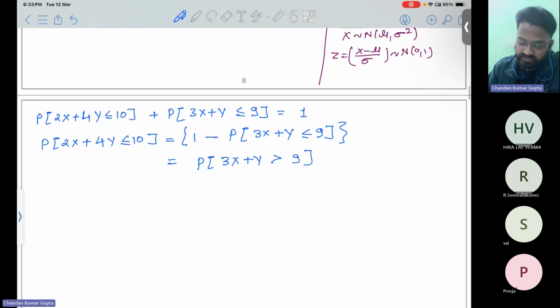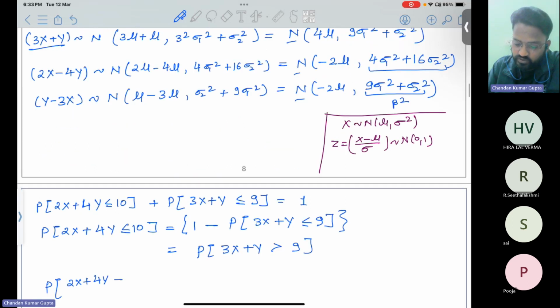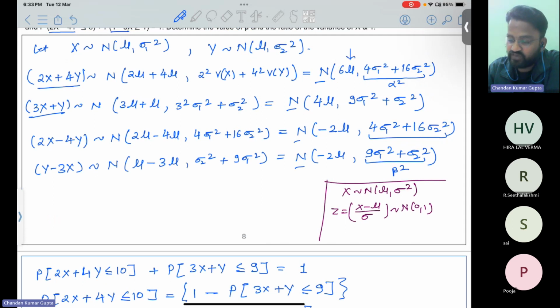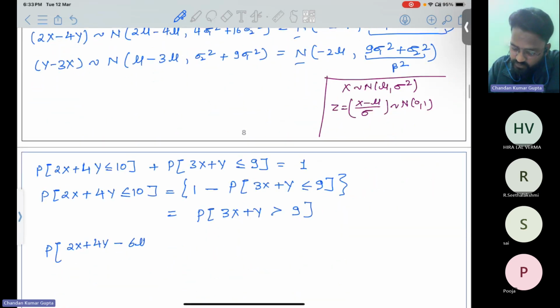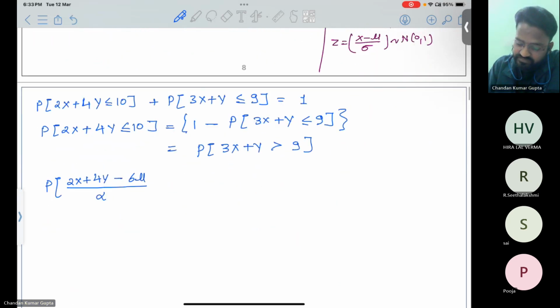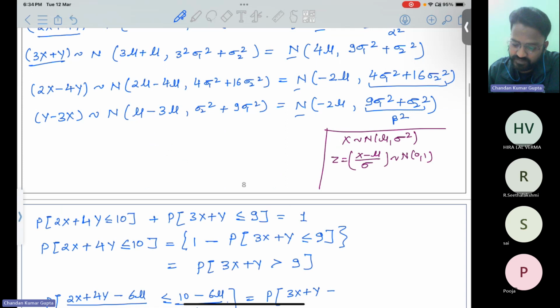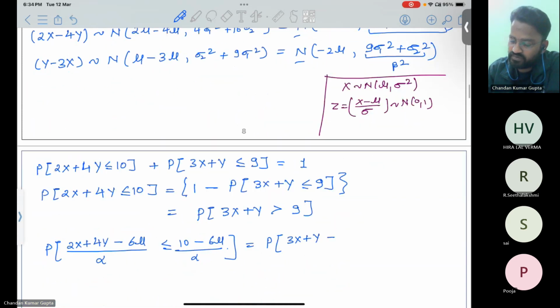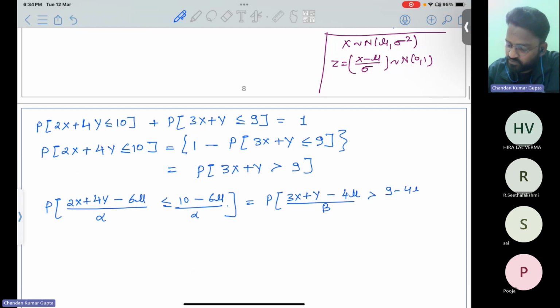Now we standardize these variables. So the probability that 2x plus 4y, which follows a normal distribution with mean 6 mu and variance alpha square, equal to 4 sigma 1 square plus 16 sigma 2 square, minus 6 mu, divided by its standard deviation alpha, is less than or equal to 10 minus 6 mu upon alpha, equals the probability that 3x plus y, which follows a normal distribution with mean 4 mu and beta, minus 4 mu divided by beta is greater than 9 minus 4 mu divided by beta.